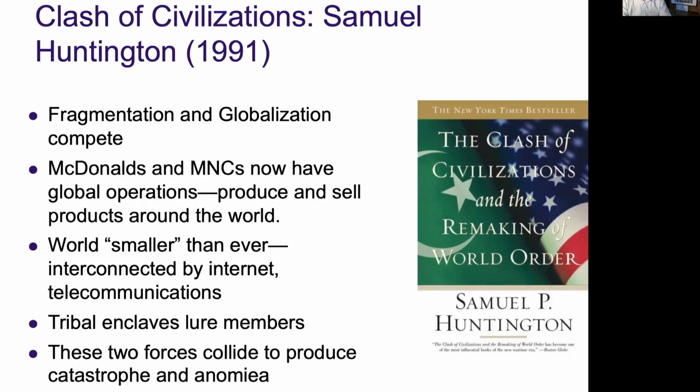He said that we have on the one hand globalization, but we also have a fragmentation. So he said that we won't have a conflict between ideologies or a conflict between power structures, but rather that we would lead to a situation where civilizations, as Huntington calls them, would conflict.